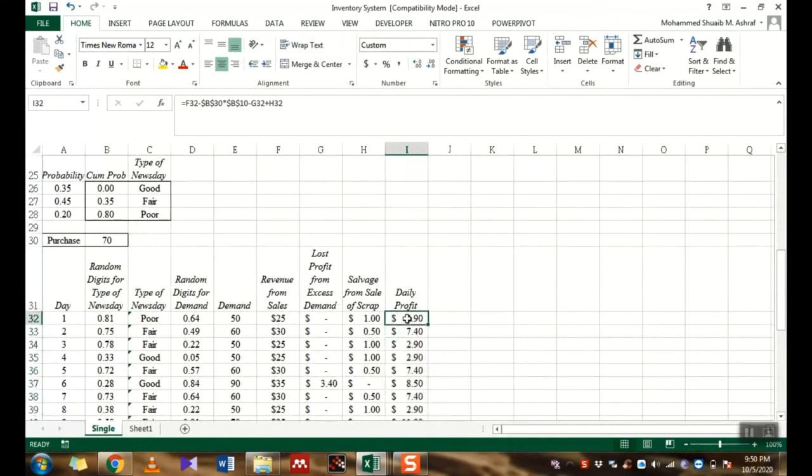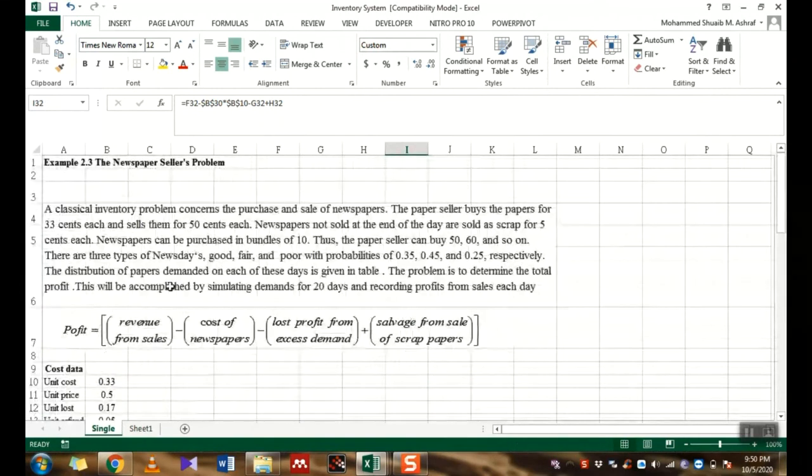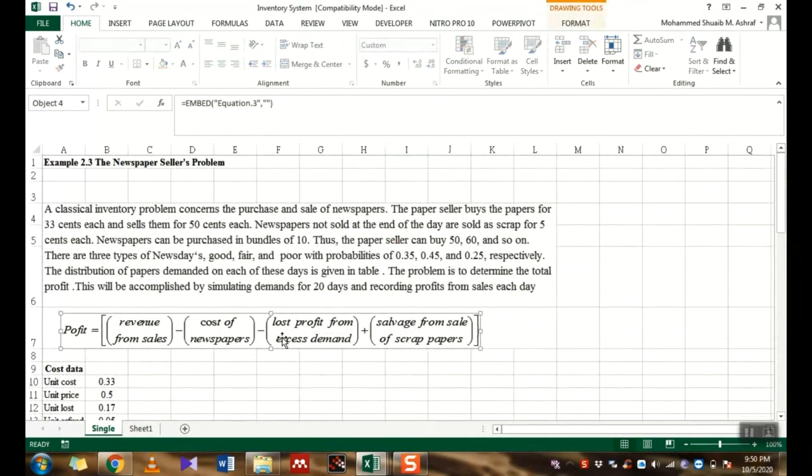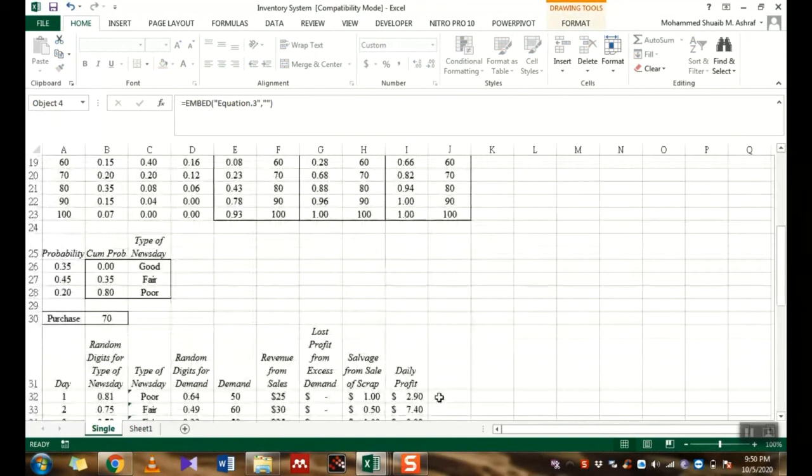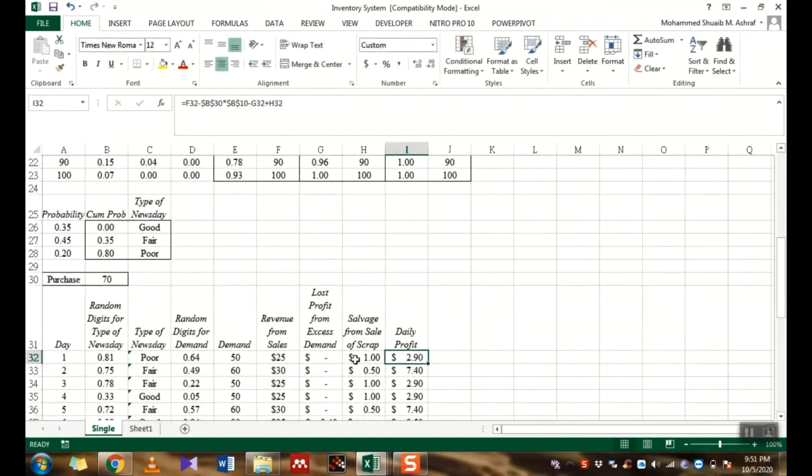Okay, we can see this formula again. The formula is: revenue from sale minus cost of newspaper minus lost profit from excess demand. This revenue minus the cost will compute the cost of newspaper, 70 multiplied by 33 cents.